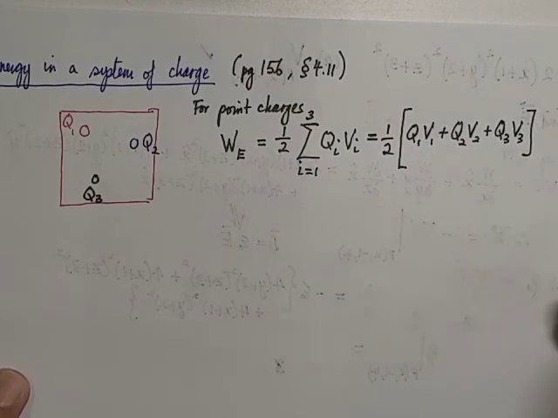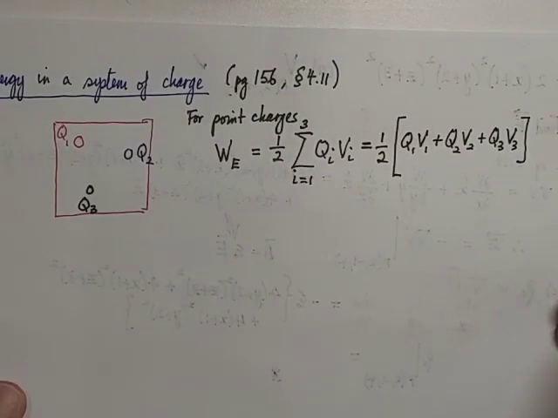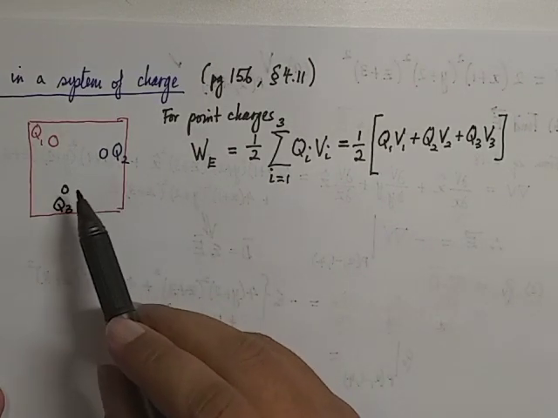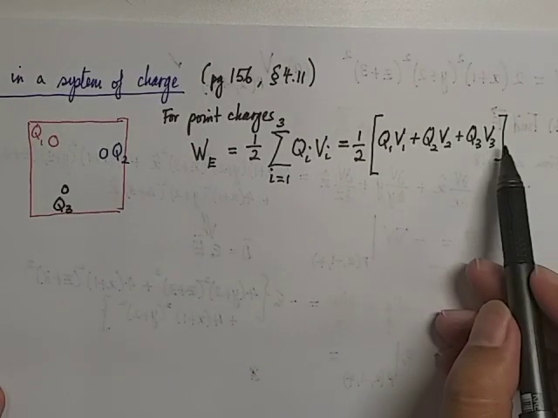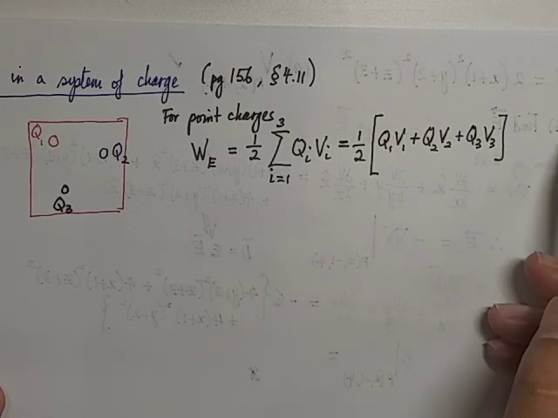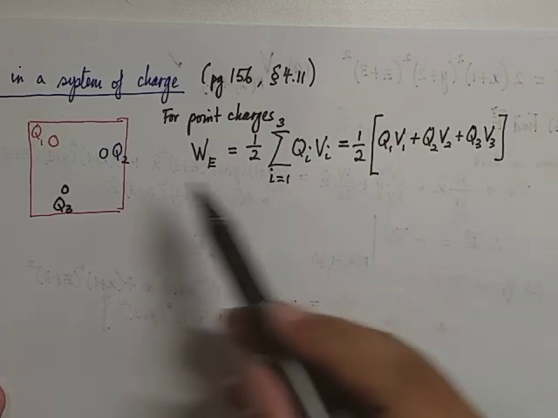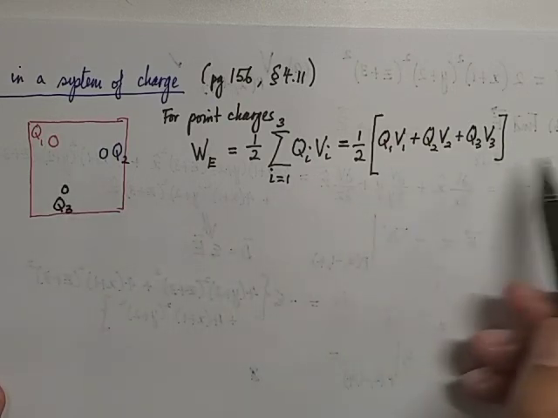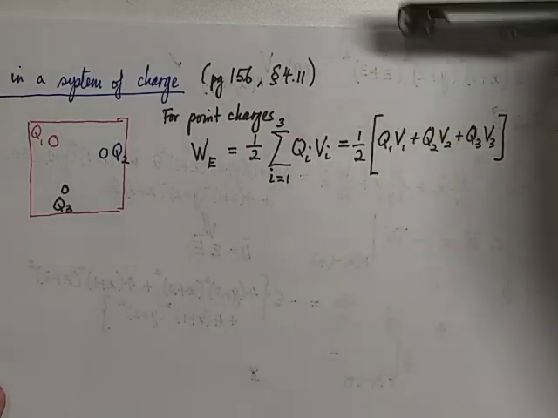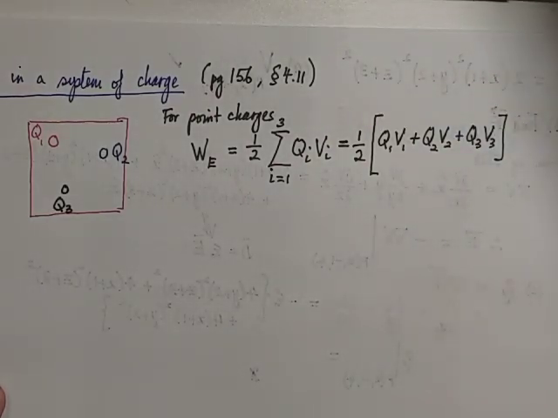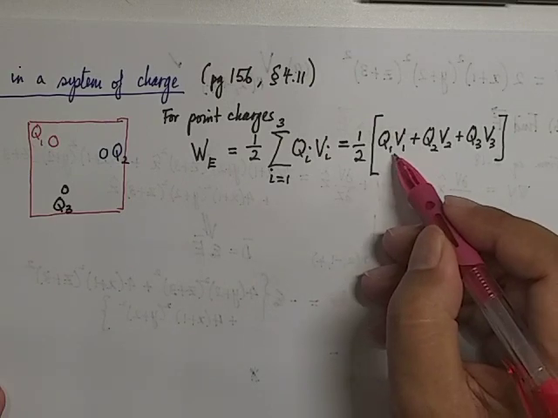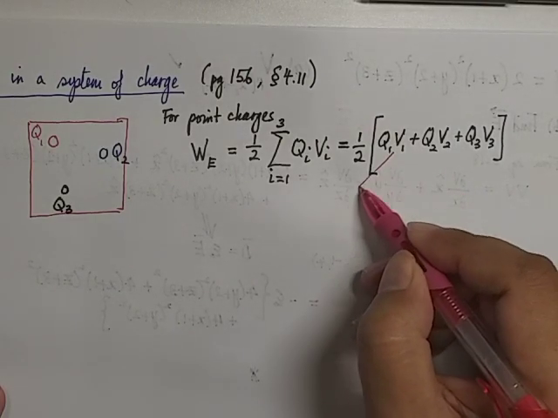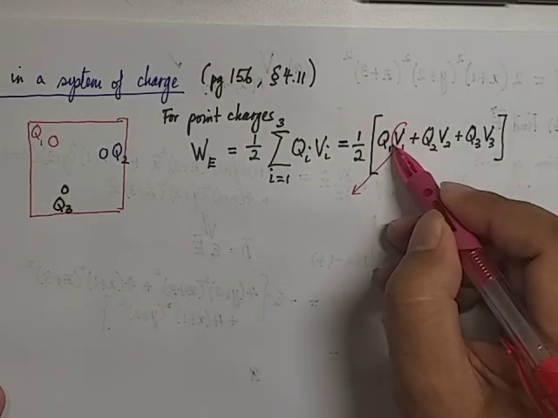So that's how we do it. And logically, you can see that if the number of charges increases, this term is going to be extended further. So the more the charges, the longer this equation will be. So now I'm going to interpret what our V1 is, for example. What does this V1 mean here? So let's focus on that discussion now.